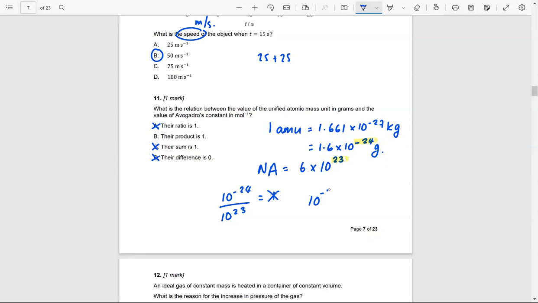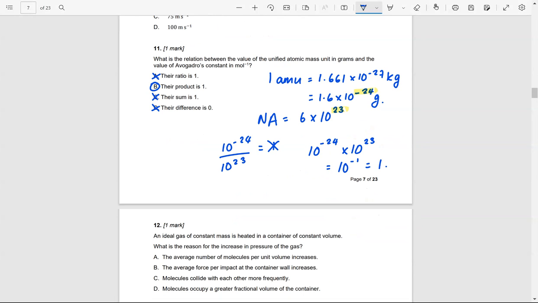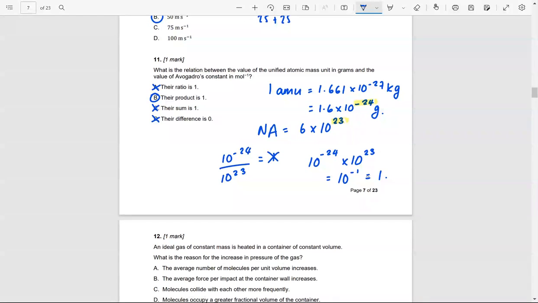If you have 10 to the minus 24 and then you multiply it by 10 to the 23, minus 24 plus 23 equals 10 to the minus 1, which equals 1. So B. And remember, it's not exactly 1. 10 to the minus 1 is 0.1, but it's roughly. Yeah, it's the closest answer out of all of them.